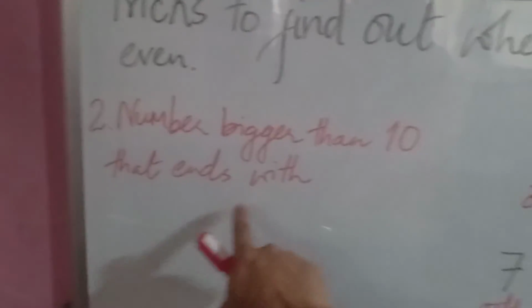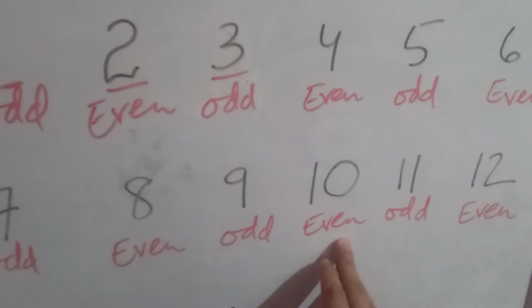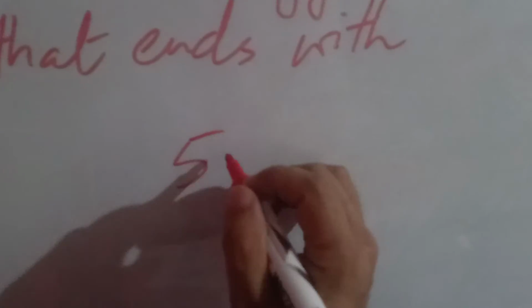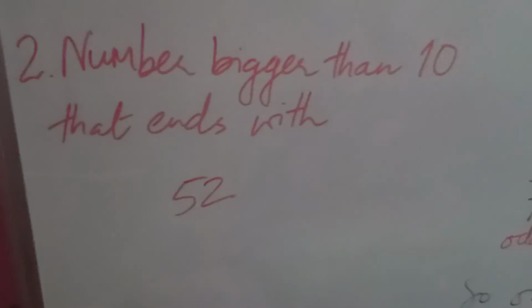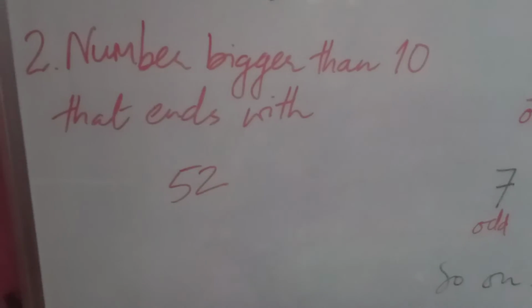If the number is bigger than 10, for example 52, how will you know whether 52 is odd or even?